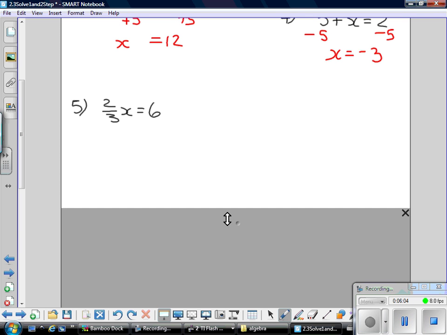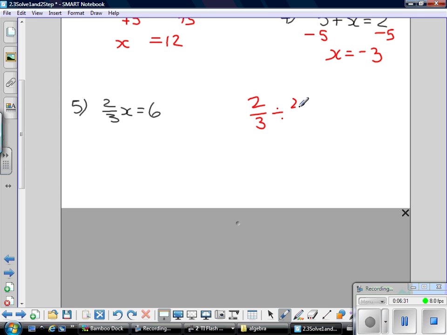Okay, again, fractions, and you're saying, I hate fractions, I hate them. Too bad, get over it. 2/3 times x equals 6. I want that 2/3 to disappear, so I can make it disappear. The opposite of multiplying by 2/3 would be to divide by 2/3.